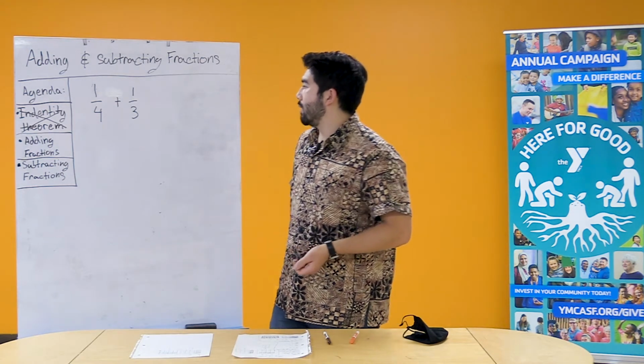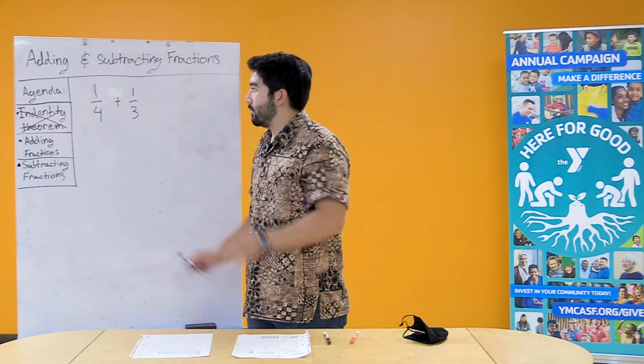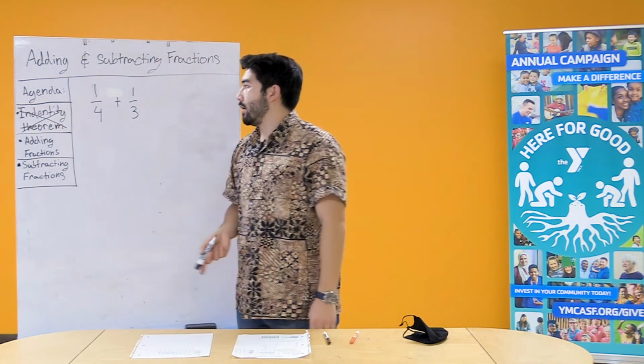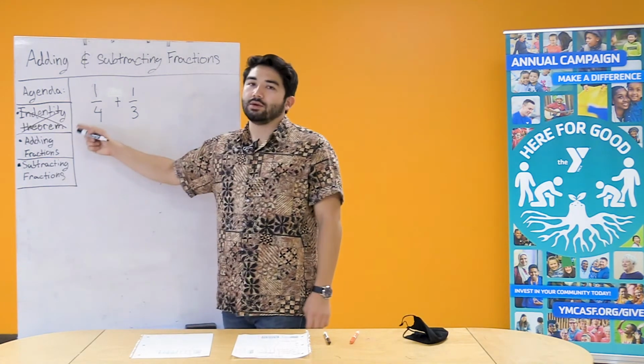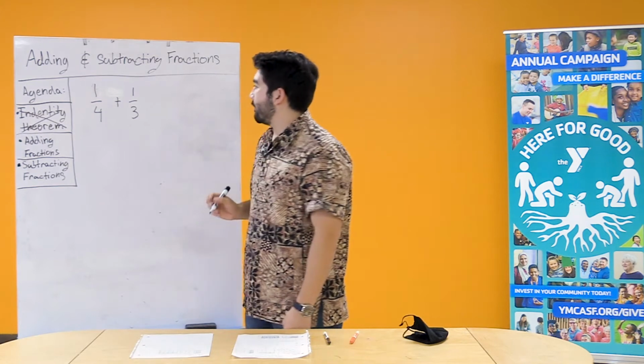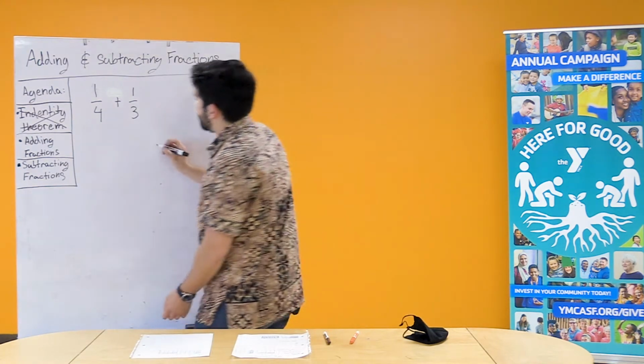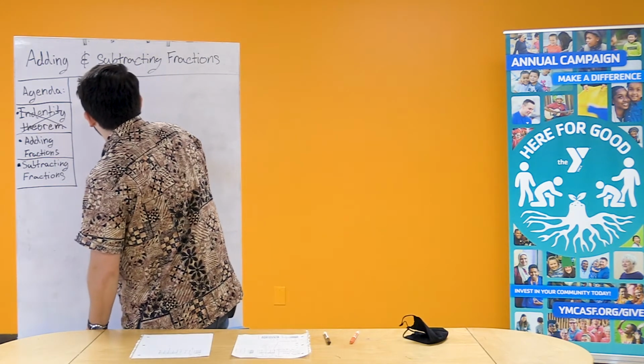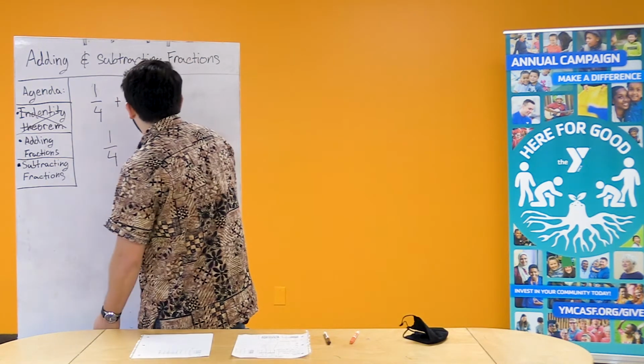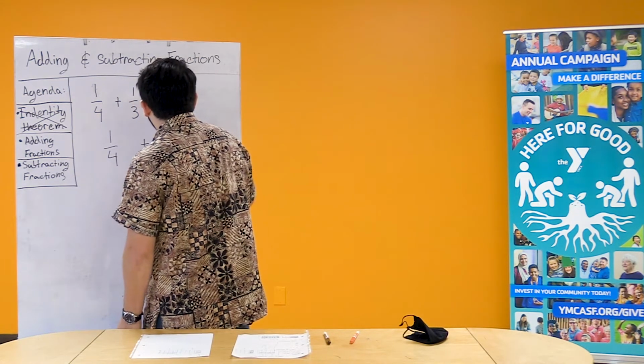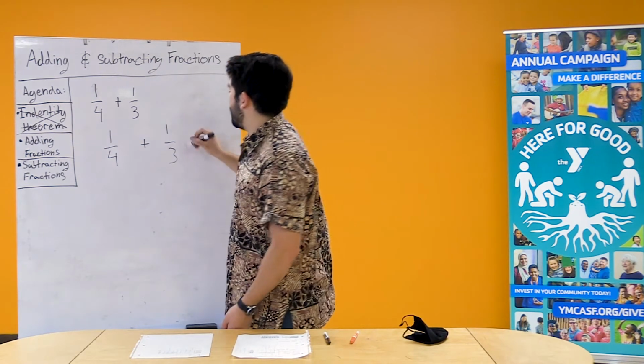Okay. So what we're going to do is we're actually going to have to multiply both sides by a number. This is actually where we're going to use our identity theorem. If you remember from before, anything times itself is going to equal itself. So here's 1/4 and here is 1/3. And we're going to multiply both of these by 1.